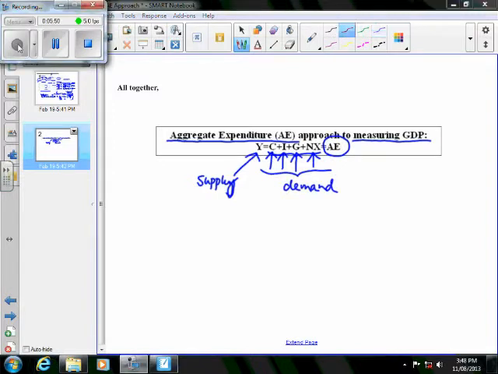This approach to measuring GDP is very convenient, especially for chapters to come. For example, for whatever reason, suppose consumer spending drops because consumers are more pessimistic about the future, their fear of losing their jobs.